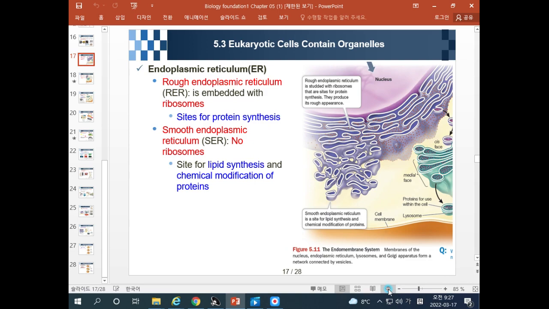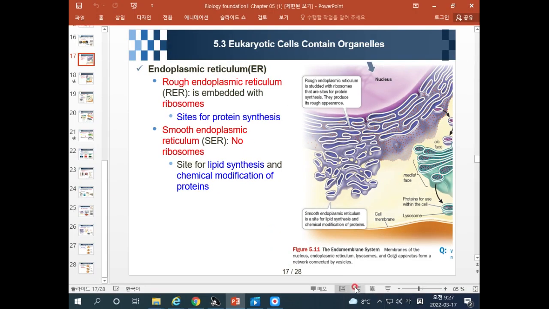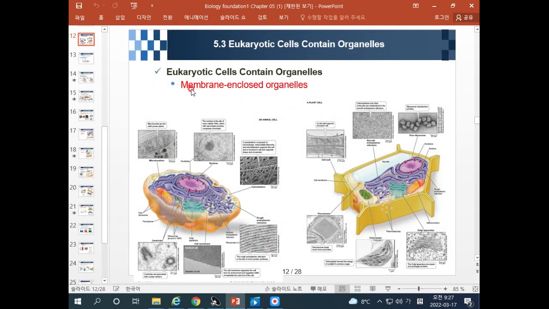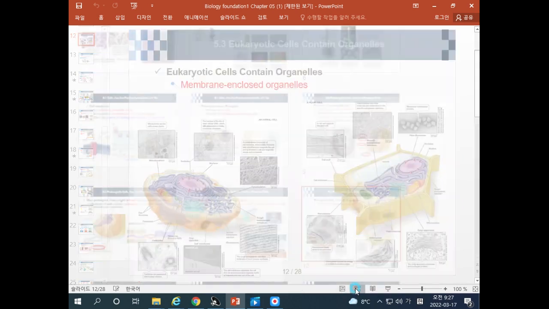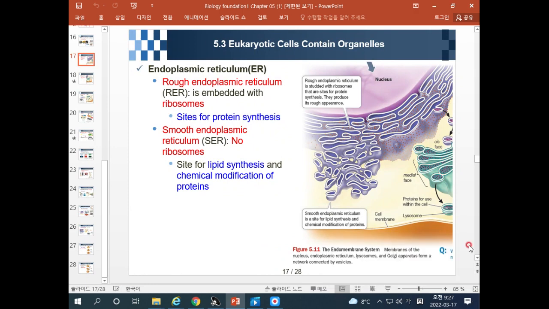So next we will also cover another component of the membrane enclosed organelle. Another example of a membrane enclosed organelle we call the endoplasmic reticulum. So this is the nucleus.